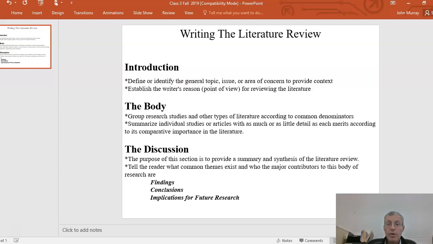You want to start off the literature review, as I have here in this slide, with talking about what the topic is. It says define or identify the general topic or issue of concern. You're trying to situate your reader in terms of the general topic that you're looking at, and make sure that you communicate why you are interested in reviewing this particular topic.